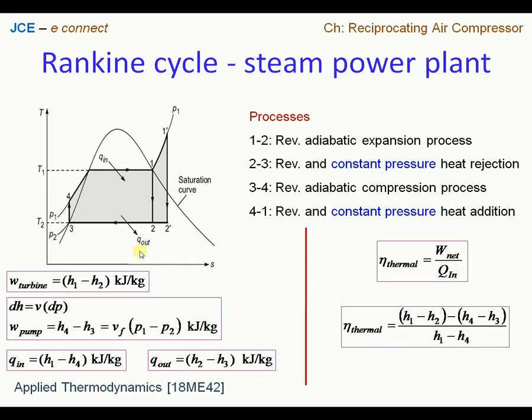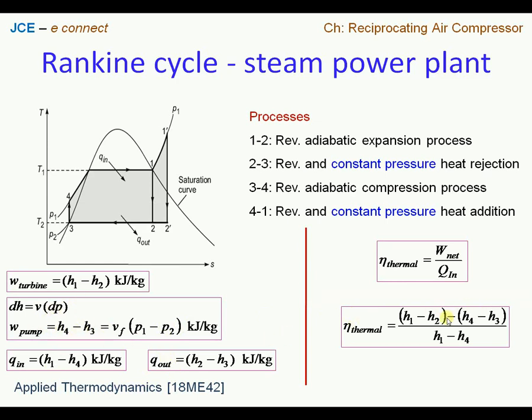Now sometimes the examiner may say to neglect the pump work because the magnitude of work input that is supplied to the pump is very small as compared to the magnitude of work done by the turbine. Therefore one may ask us to drop the term for the work done by the pump.